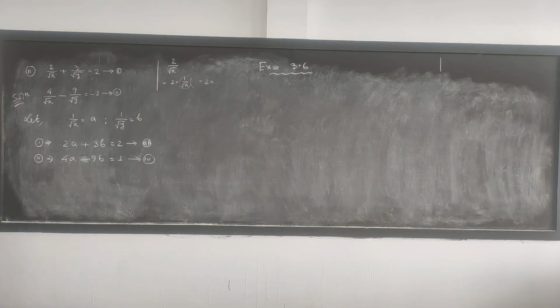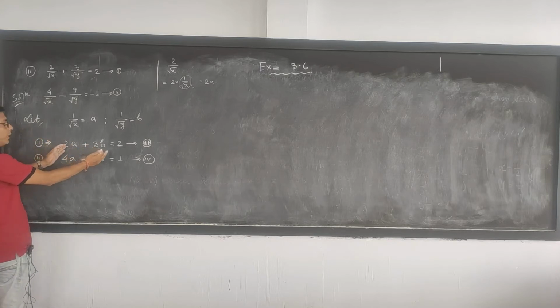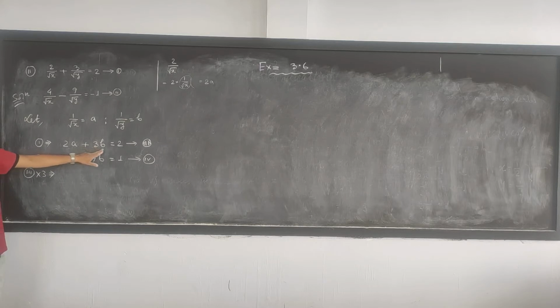So elimination is very easy for these two. Let us multiply equation 3 by 3. Equation 3 multiplied with 3, what will it become? We multiplied equation 3 by 3. Why? Because there is thrice b. If you multiply this equation entirely with 3, then it will become 3 times 2 is 6a plus 3 times 3 is 9b, 3 times 2 is 6.